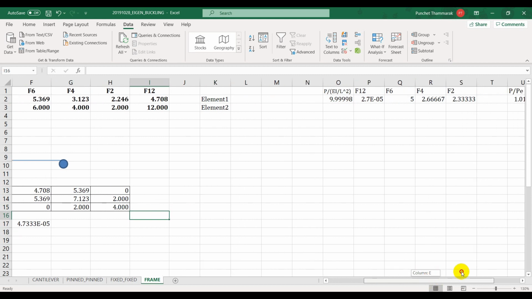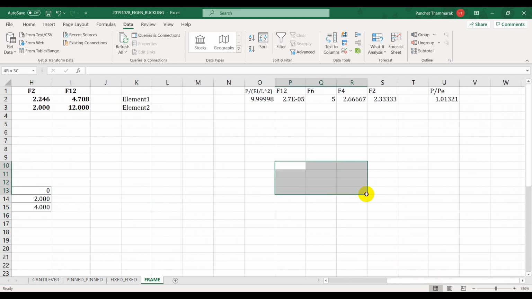Let's take a look at the counterpart here.